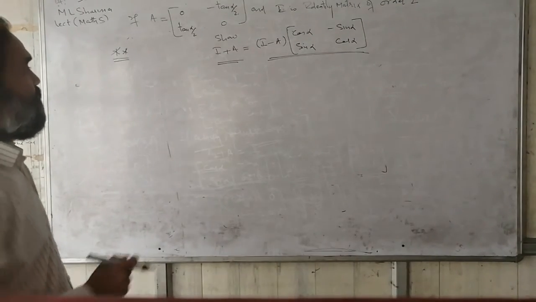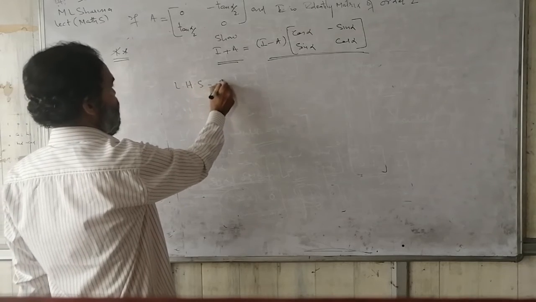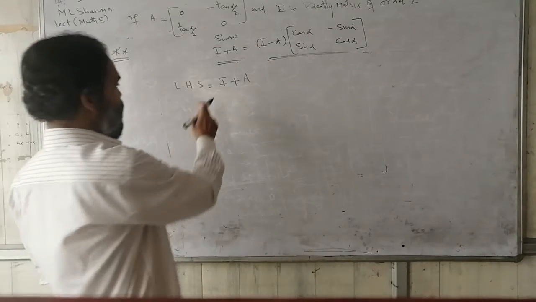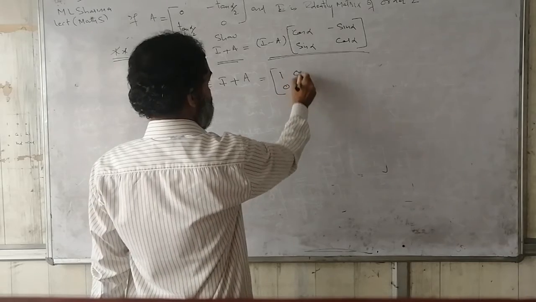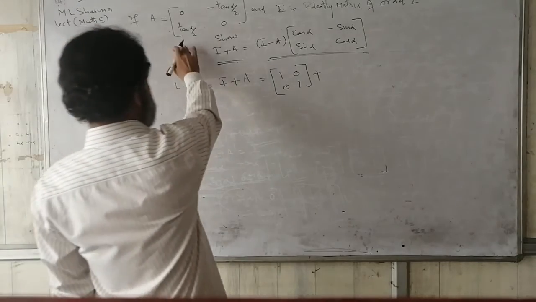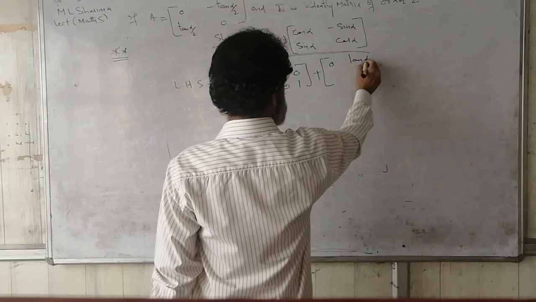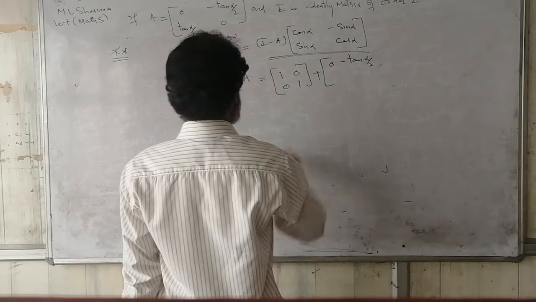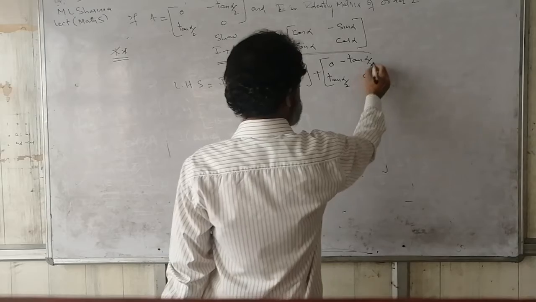I will give a hint. So the left hand side is I plus A. I is a 2 by 2 matrix, so I can write its value. A matrix is given: 0, tangent alpha by 2, minus tangent alpha by 2 here, 0 here.